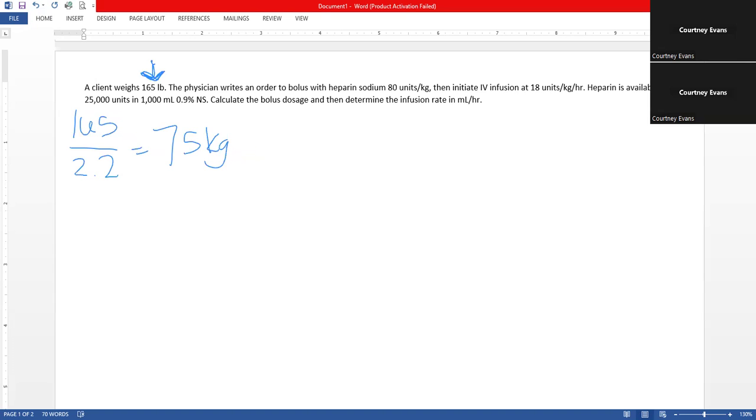All right, so the first thing that it wants us to do is calculate the bolus dosage. So let's just focus on the bolus right here. 80 units per kilogram. All right. So we've got a couple of things to do. Let's go 80 units, because we know this, per 1 kilogram. What we don't know is how many units are in 75 kilograms. So that's what we're trying to figure out.